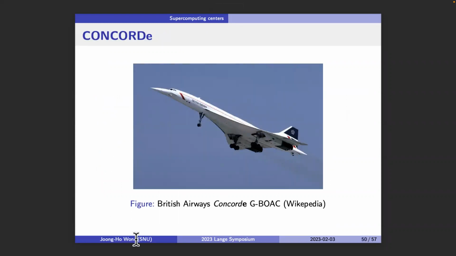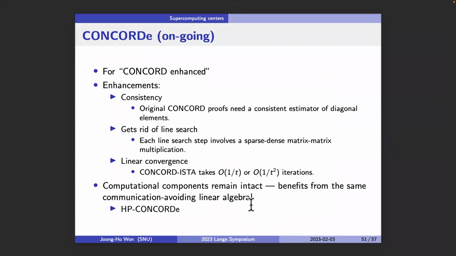Now some might have wondered that for this title, the spelling is Concord plus E. Some might wonder where the E goes. It is very tempting to add E to the name, so I did it for Concord Enhanced.